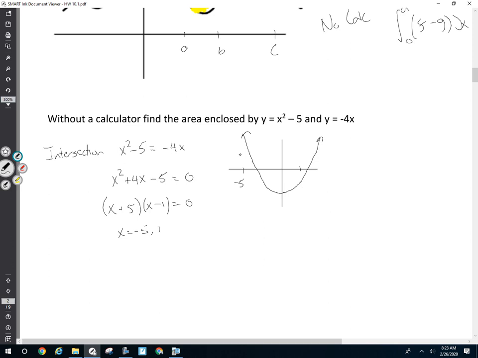So this is all the way up here at 20. Doesn't really matter, the y coordinate, as long as the x coordinates are correct. And I know y equals -4x is definitely going to be above this parabola that's opening upward. If we know how the parabola is opening, and this intersection is going to be at 1, -4. I don't really care about that. But now we can at least see the area that we're talking about.